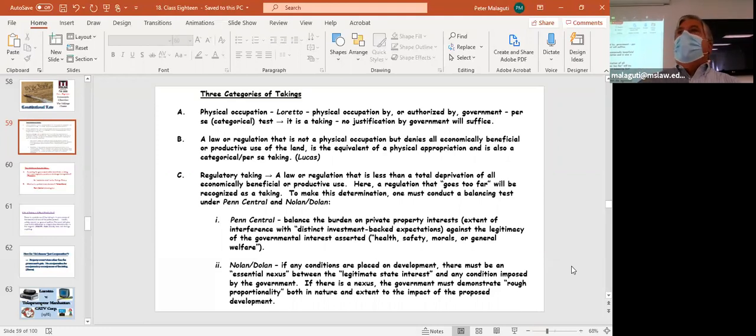But it's fairly typical for zoning laws to have front yard, side yard, and rear yard setbacks. I can't build my house right up to the property line. I have to be, say, 40 feet back from the rear yard, 40 feet back from the front yard, and 15 or 20 feet back from the side yard.